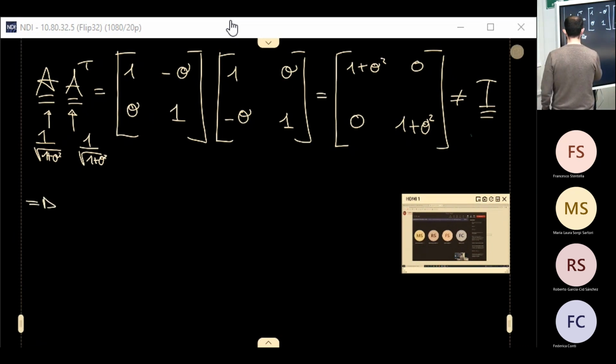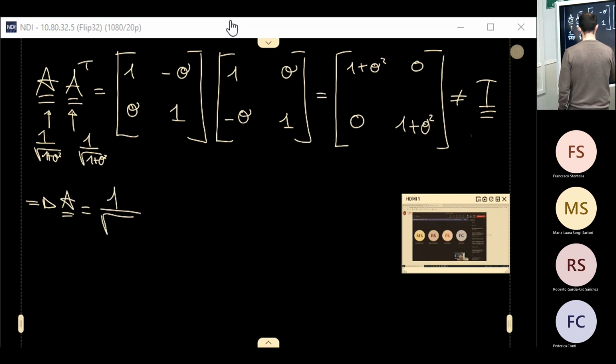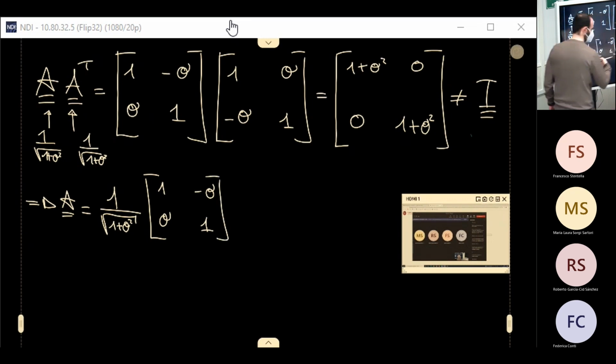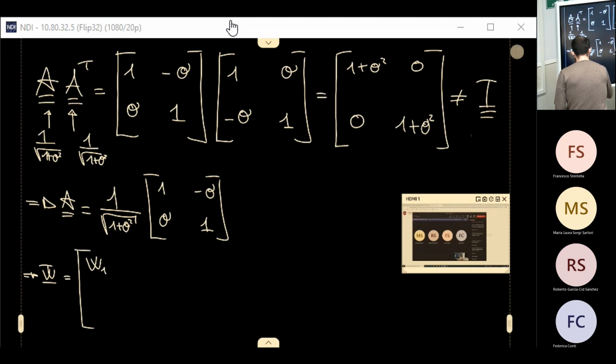So all of this to say that our rotation matrix is corrected. Now, if you multiply this by its transpose, you get the identity matrix as it should be. Therefore, if you calculate W, the vector, let's see what we get now.